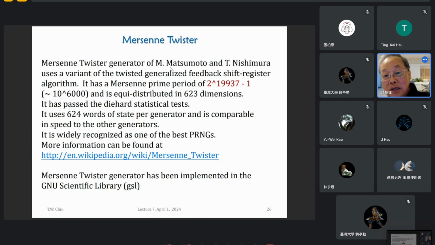So 19937 is a prime number, and 2 to the power 19937 minus 1 is also a prime number. And then the period is as long as this.